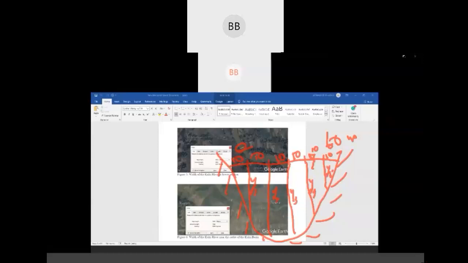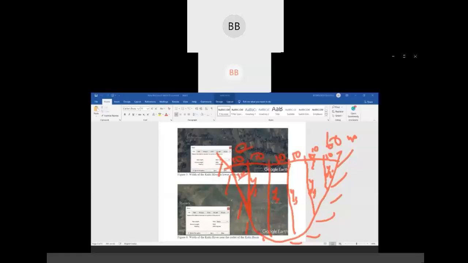So we are going to find out the area of this. This will be the area. This is an irregular shape, so we don't have any defined calculation to find out the area of an irregular shape.